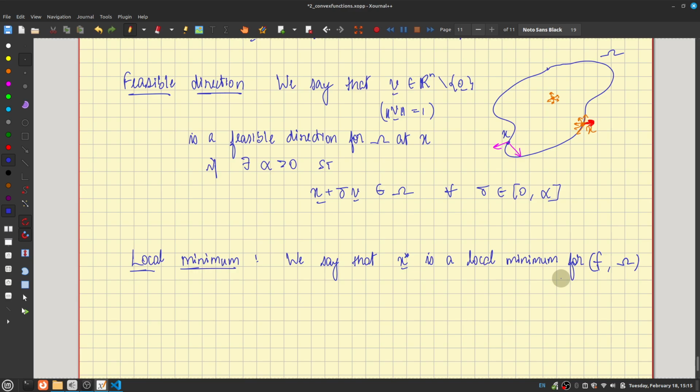Of course, we have a function and we also have a constraint set. If exactly what I said earlier happens, you start from x, you move in any valid direction, that is, you move along any feasible direction. If there is some neighborhood within all feasible directions where the function value can only increase, it doesn't decrease any further.